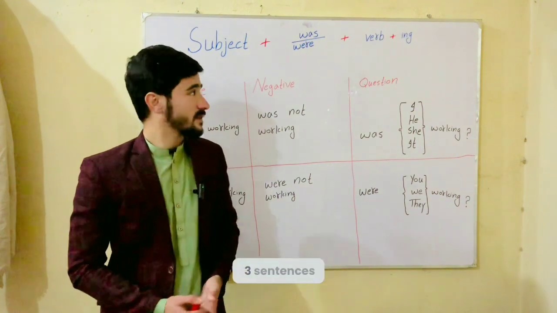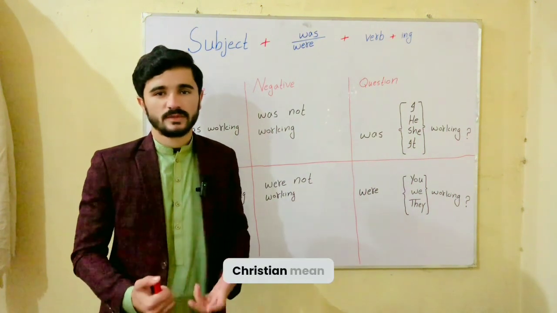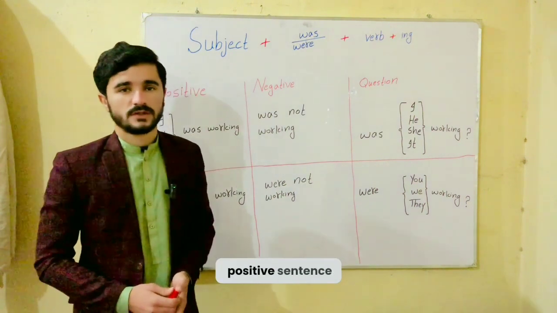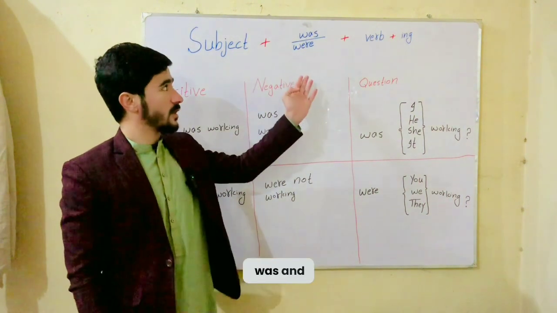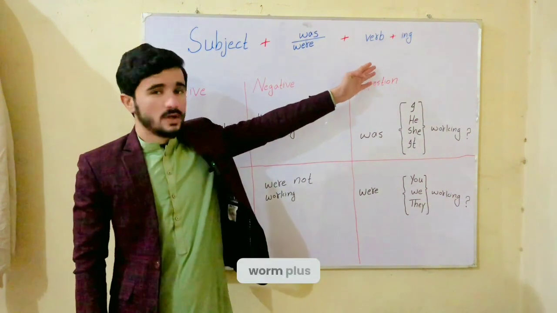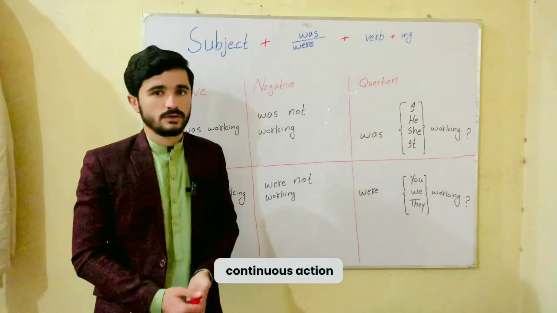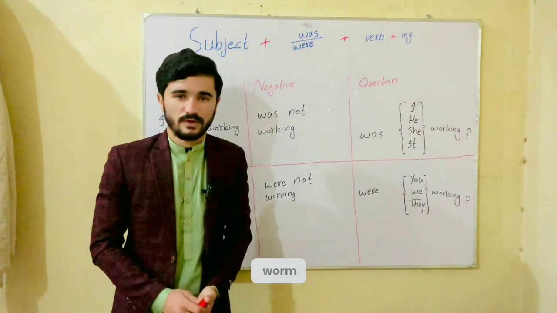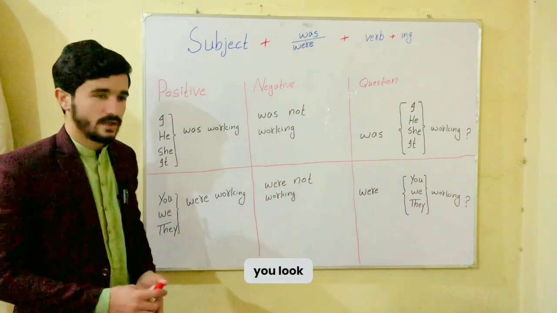Let's look at how we form past continuous tense. We use three kinds of sentences: positive, negative, and question. Question means interrogative sentence. In the positive sentence, we use subject plus was or were plus verb plus ing. When we are talking about a continued action, we add ing to the first form of the verb.